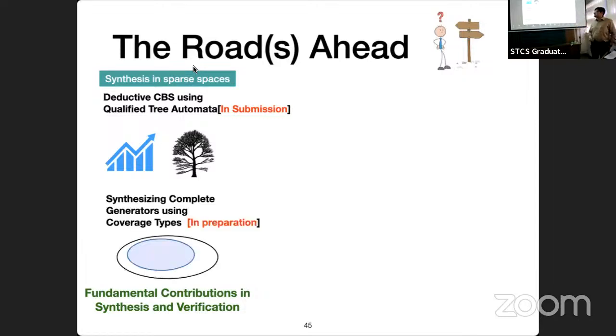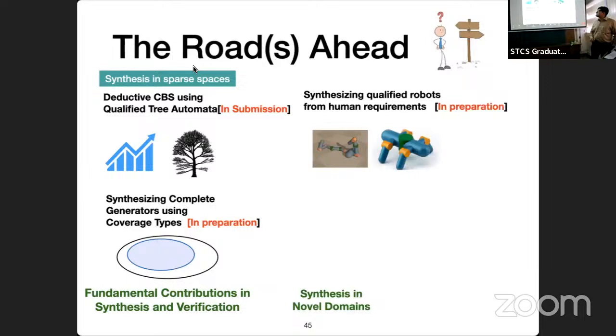Then there are other direct applications of synthesis to coverage typing. We are looking into how we can use under-approximate reasoning for synthesis. We are also looking at applying synthesis to novel domains. This is work with another student where we are trying to synthesize designs in the robotics world given a user query.